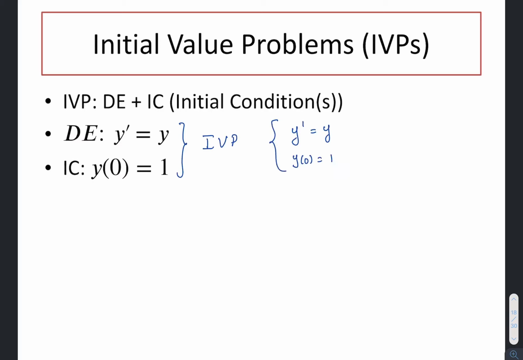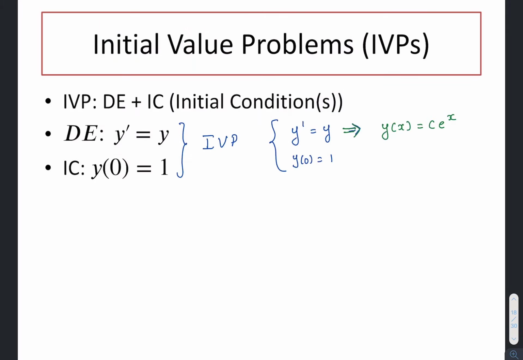We just learned a couple of minutes ago that the solution to the differential equation, not the initial value problem, just the differential equation part, is y of x, a one parameter family of solutions, which is c e to the x. Now, this initial condition that y of 0 is equal to 1 is going to help us figure out this particular c. Let me show you how I do that.